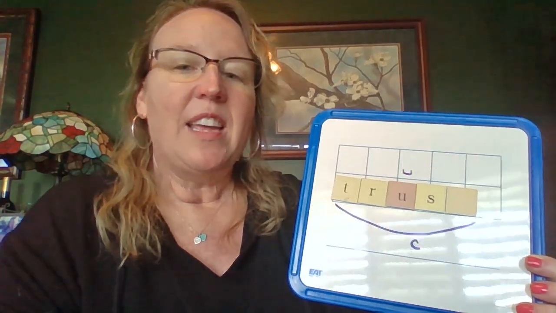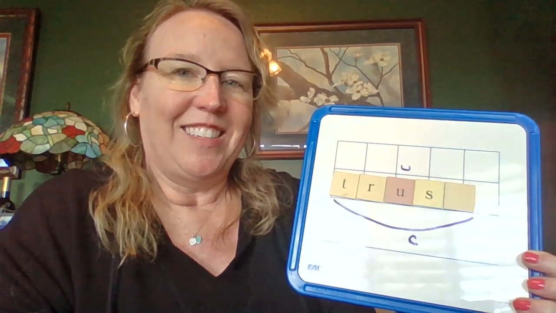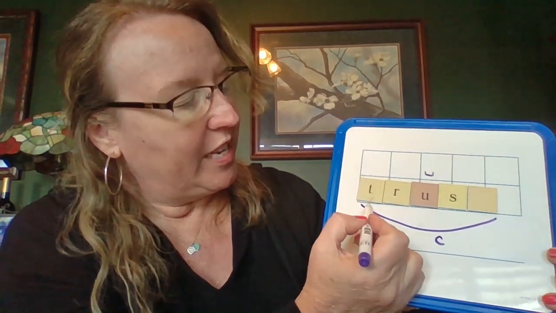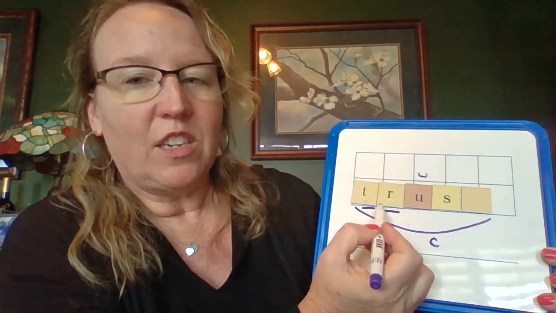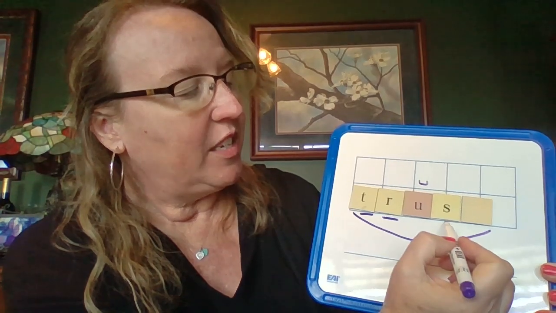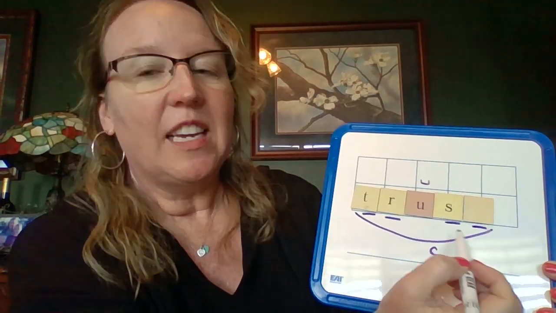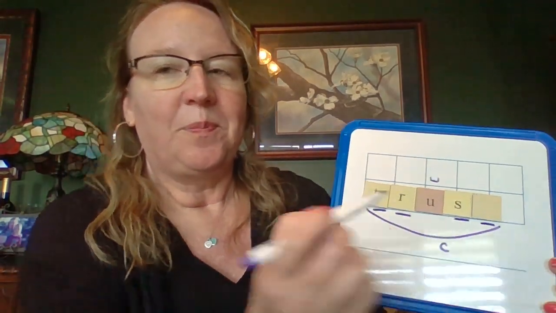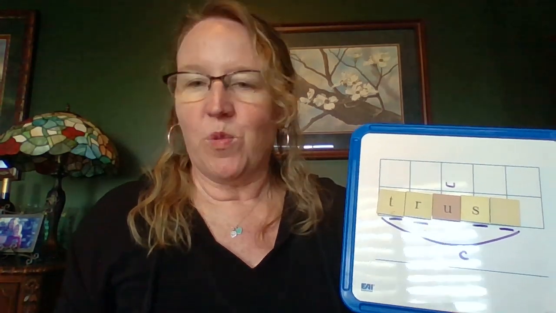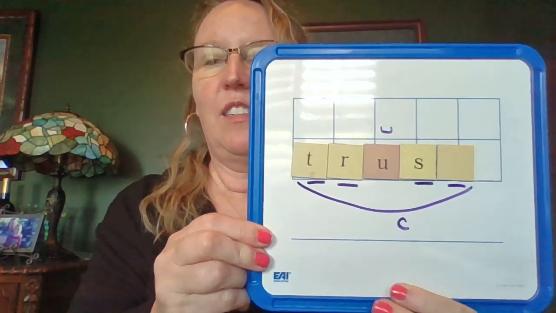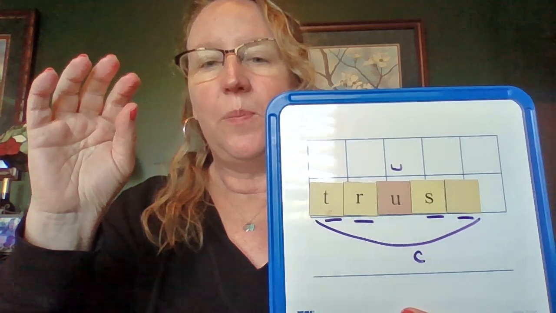All right. Now, what else do we notice about this word? Do you see some blends? I hope so. We have the blend TR, then we have the blend here ST. So now we've got the word where we can tap it out. All right, so go ahead, elbows up.